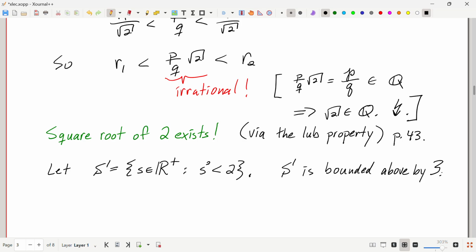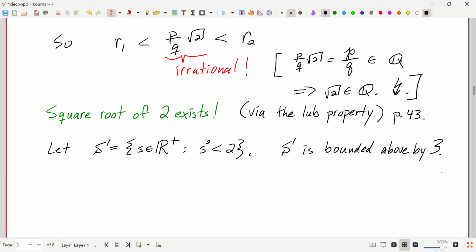And so it has a least upper bound. So it has a supremum, which is the same as a least upper bound. Let's let R, that's a real number, be the sup of S.